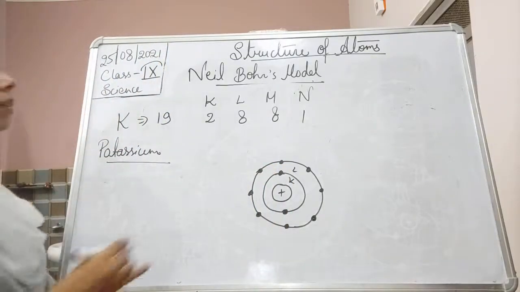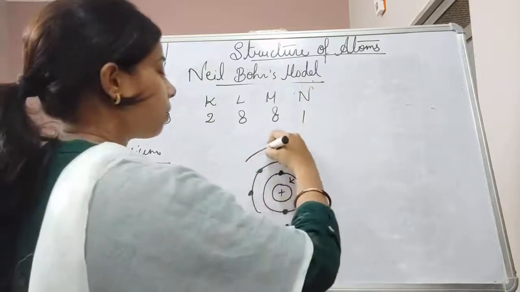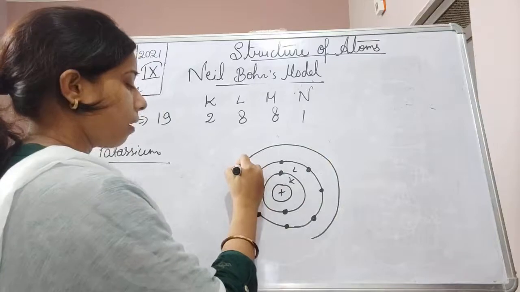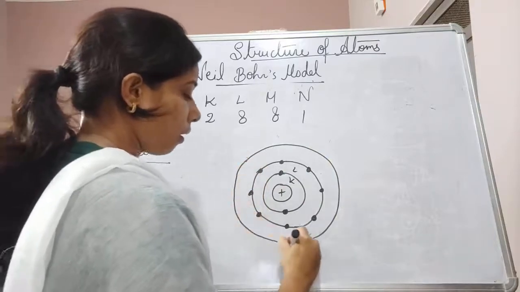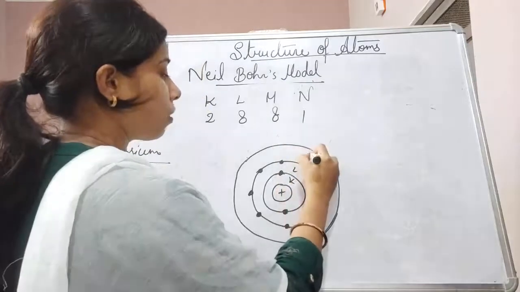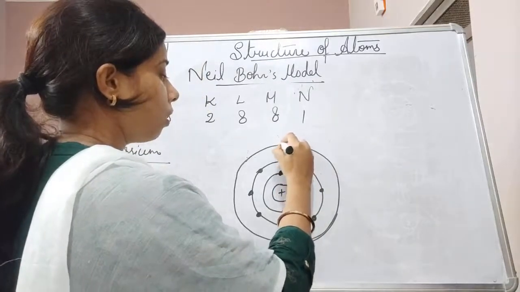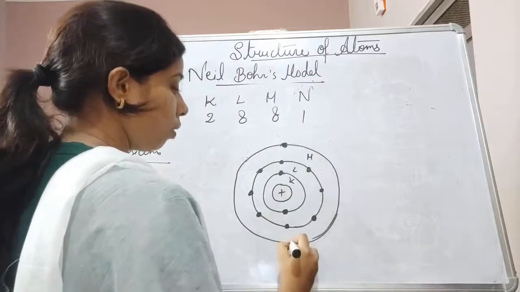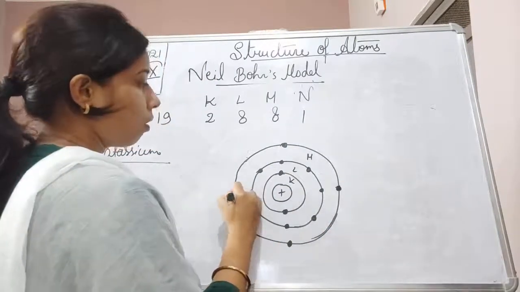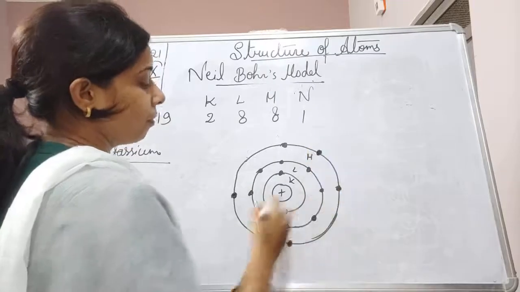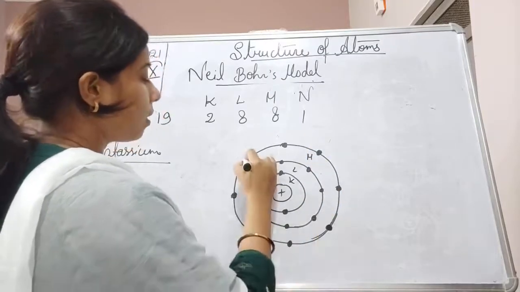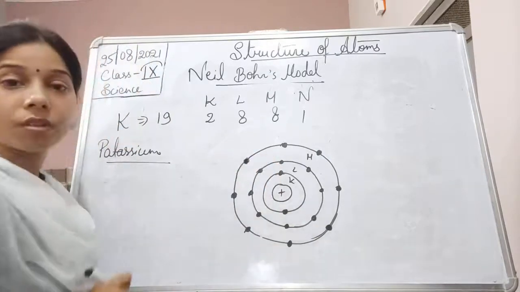And then there is another shell present around the L shell, and that is the M shell. This M shell is having 8 electrons again. 1, 2, 3, 4, 5, 6, 7 and 8. 8 electrons are there.